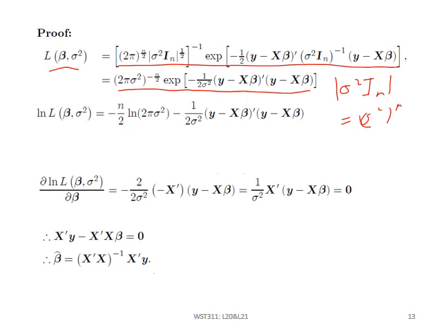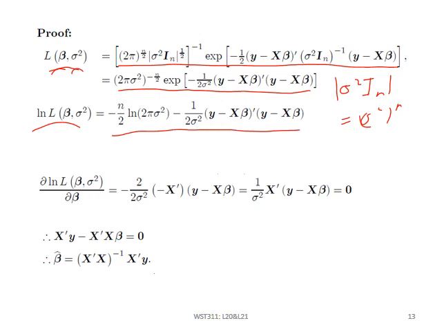In order to find the maximum likelihood estimators for beta and sigma square, we need to maximize the likelihood function. To do that, we take the log of the likelihood function. The log of the likelihood function is given by this expression.